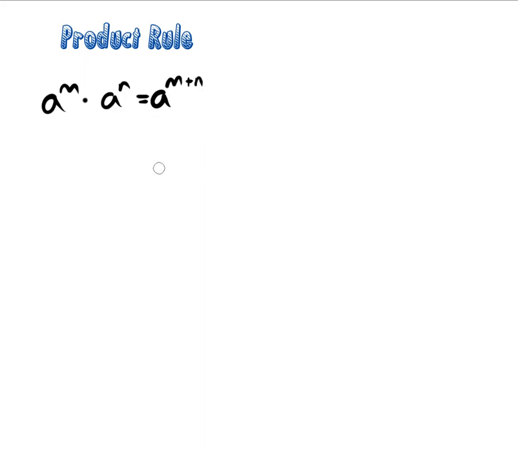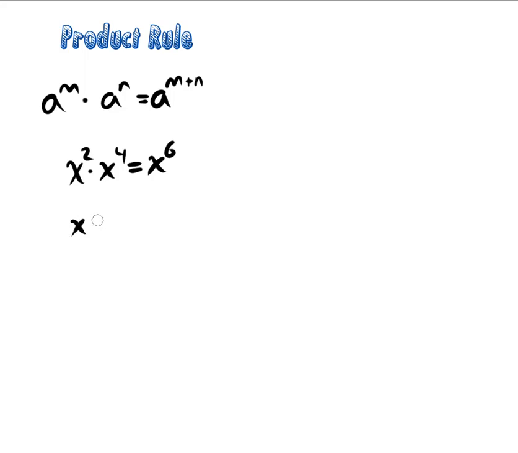What this is saying is if you have something with the same base, and this is very important, it has to be the same base, and they're multiplied times each other, you can just add the exponents, which is crazy cool. So let's say I have x squared times x to the 4th. If they're both multiplied times each other, I can make that x to the 6th. Now you might be thinking, no, and I'm thinking, yes.